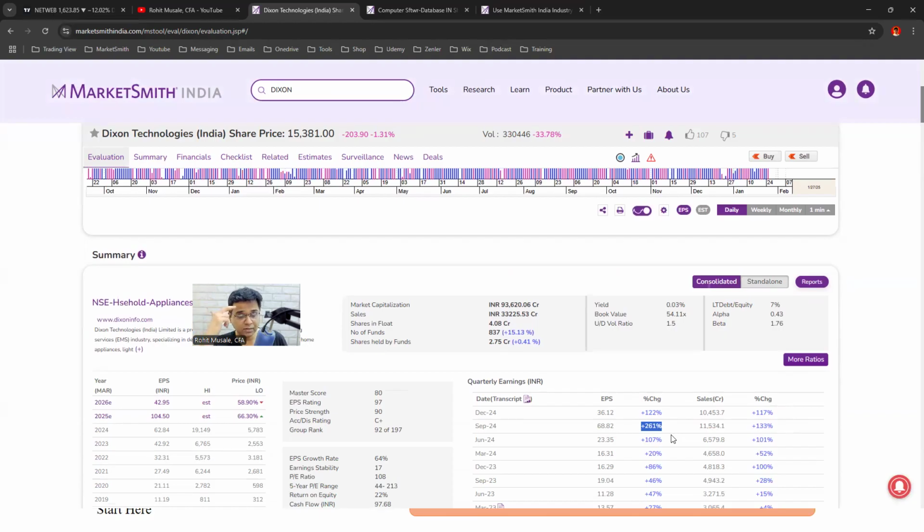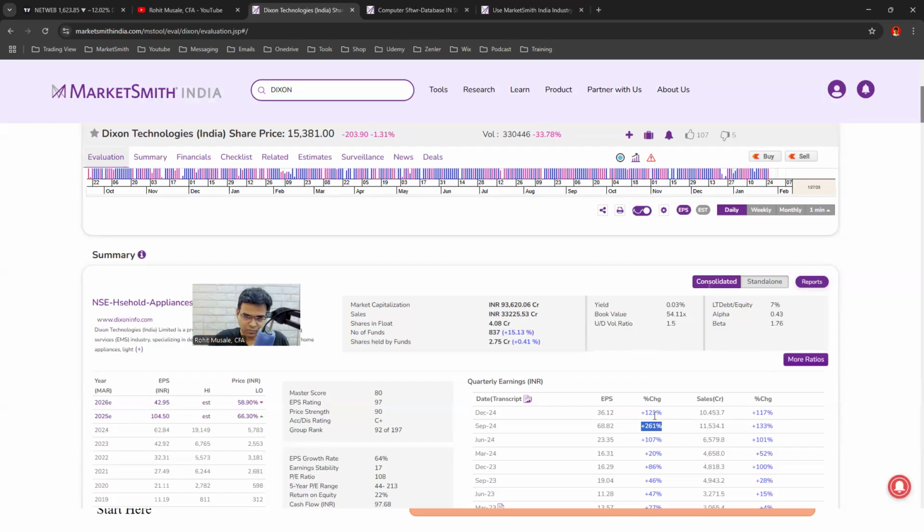However, in the mind of the investor or trader, the EPS growth rate has crashed by more than 50%. This is how people think in the market. They don't see that Dixon has doubled its earnings in one year from December 2023 to December 2024. They only see from September to December what has been the growth rate. The growth rate, by the way, is annual. It compares the current quarter with the same quarter last year.